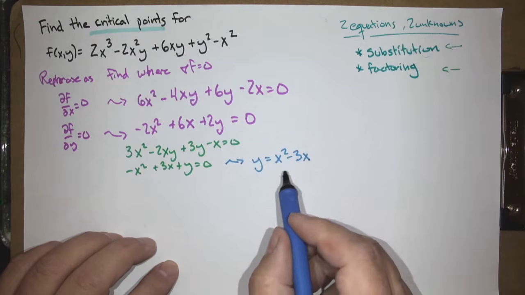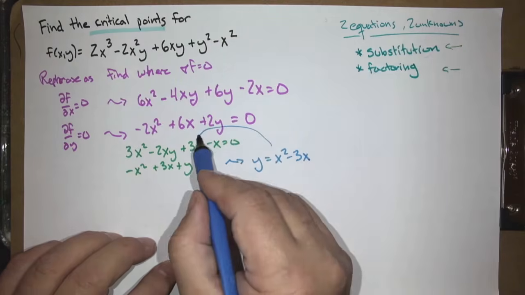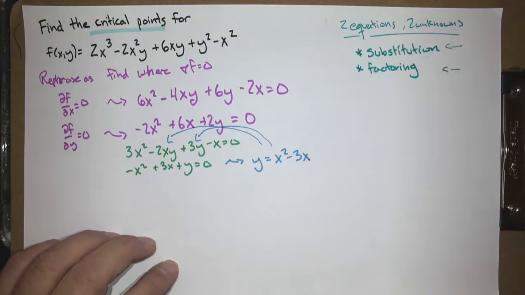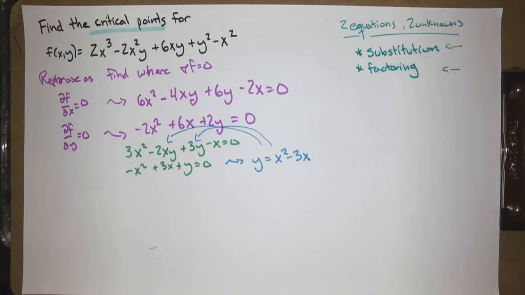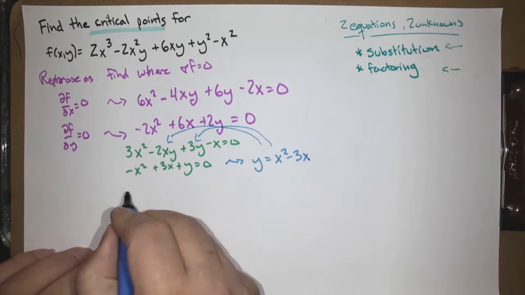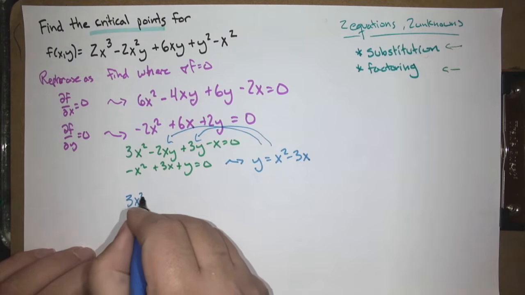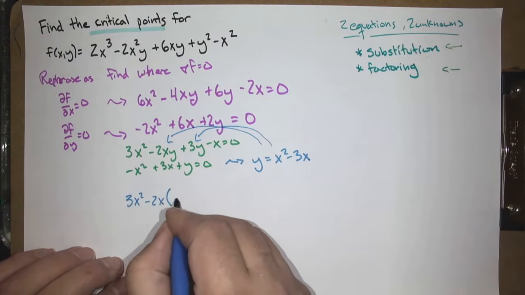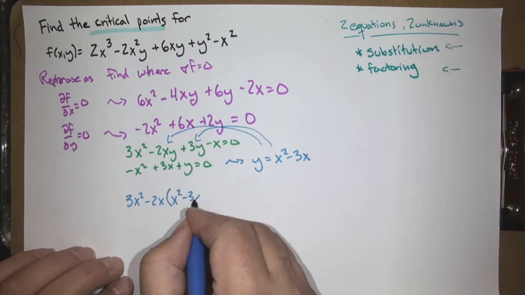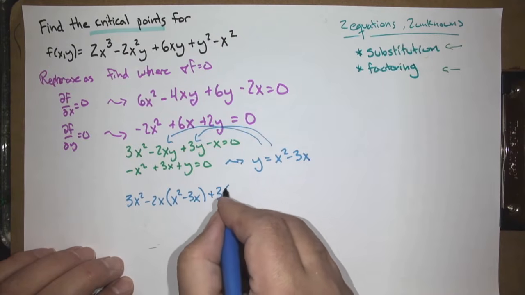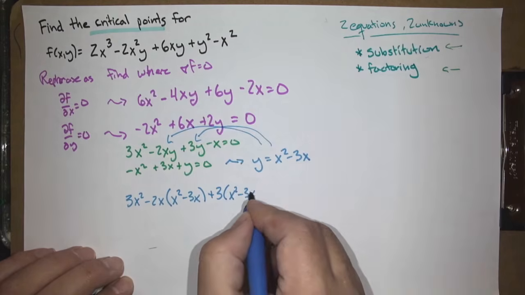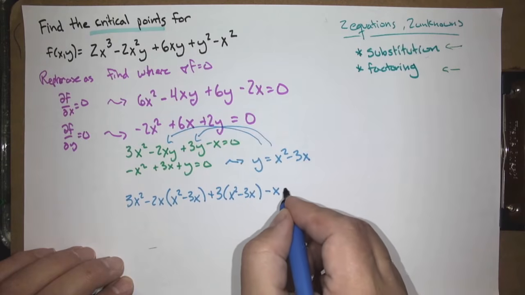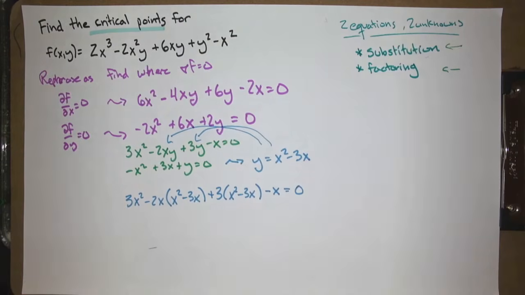So what are we going to do? We're going to take this and put that into our first equation. So we get 3x squared minus 2x times (x squared minus 3x) plus 3 times (x squared minus 3x) minus x equals 0.